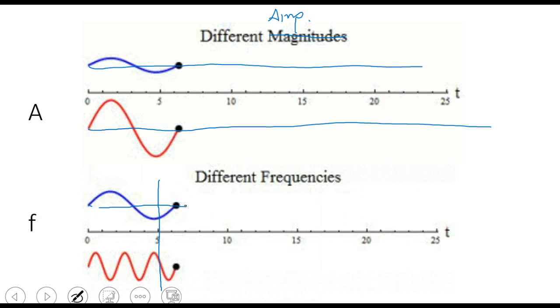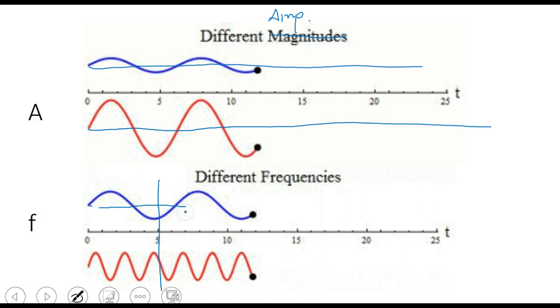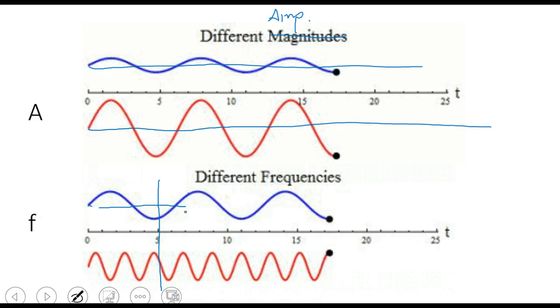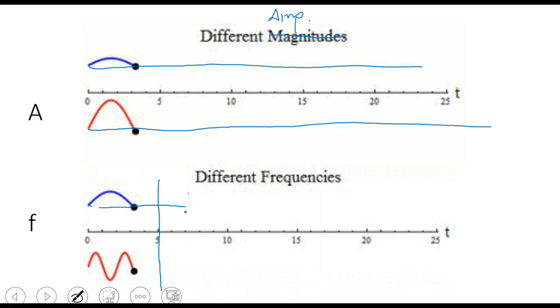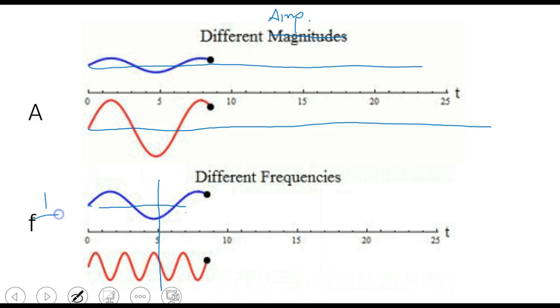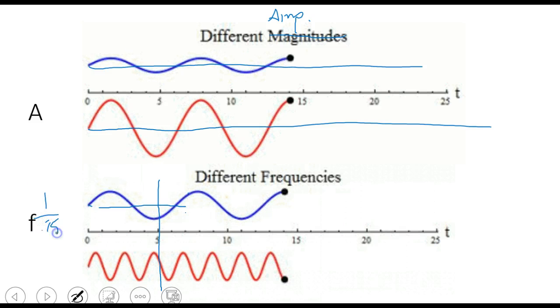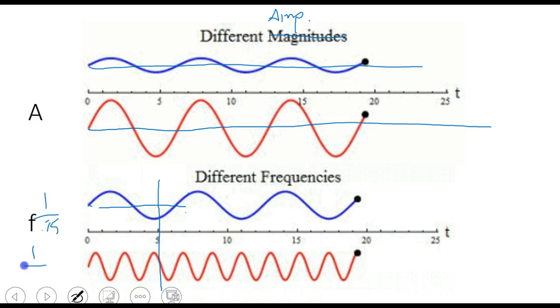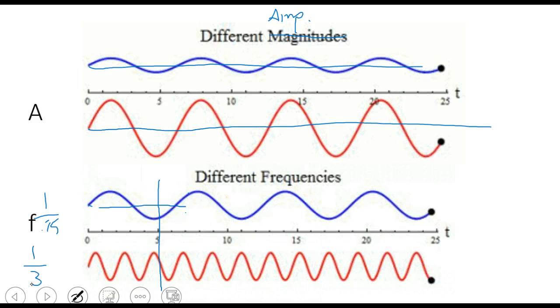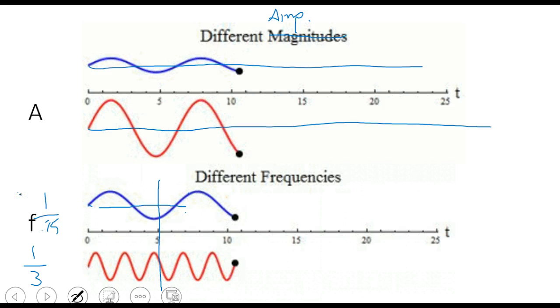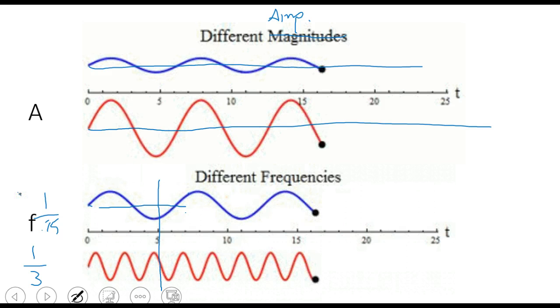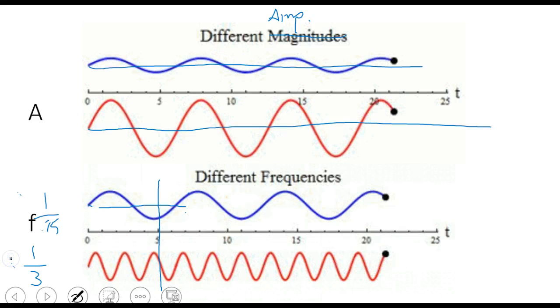So this one has 1 revolution out here, right? And then this one right here has a little more than 3 revolutions in a second. And so this would be like 1 over 0.75, and this would be like 1 over 3. And so this one, the blue line, has a much lower frequency than this one down here.